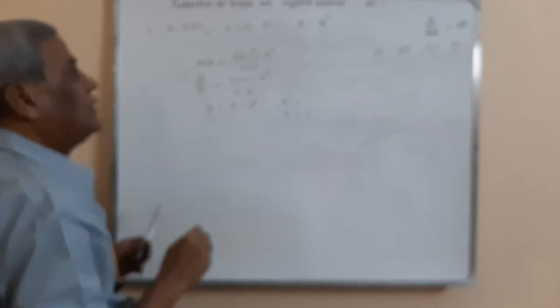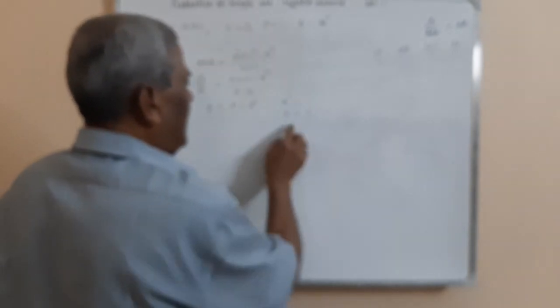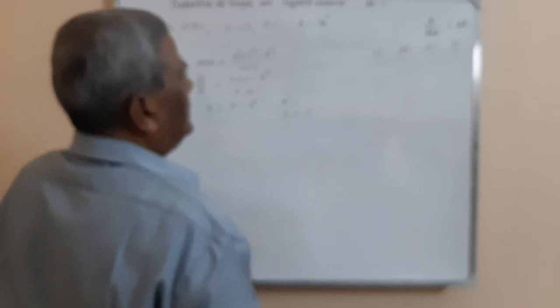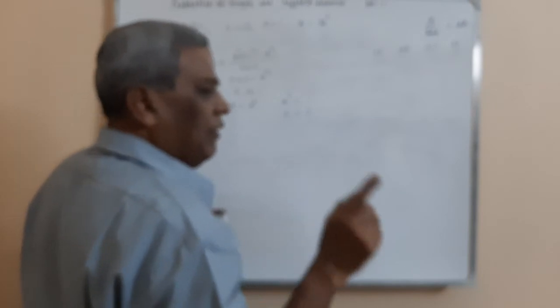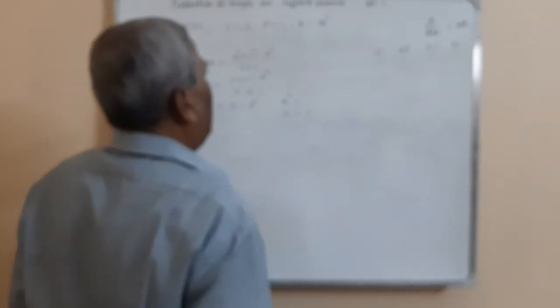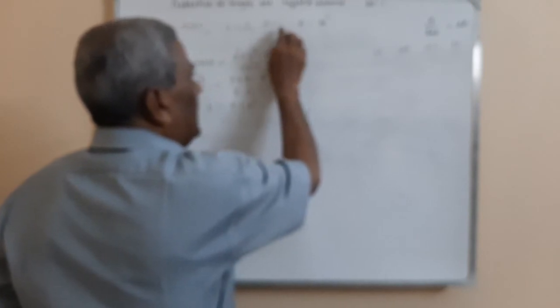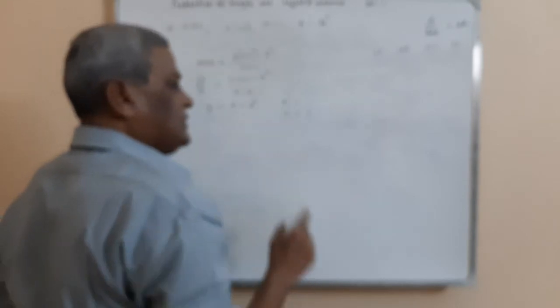Now we get three sides. These two are given, and we obtained the value of small a. All three sides are known. And we have to find the maximum angle, the greatest angle of the triangle. Now, you see, it is isosceles. a is 1, c is 1. These two sides are same.